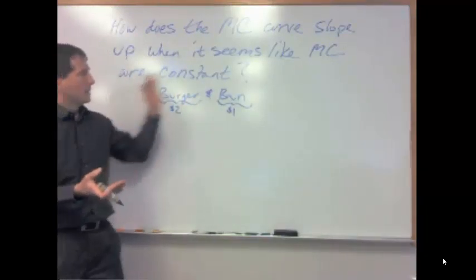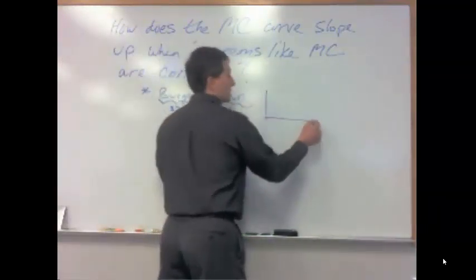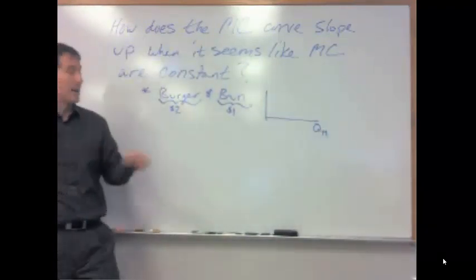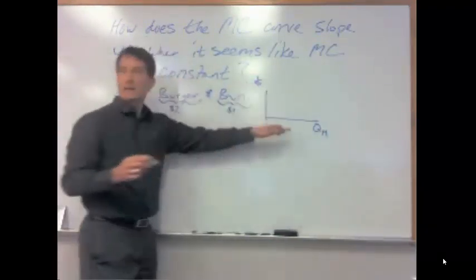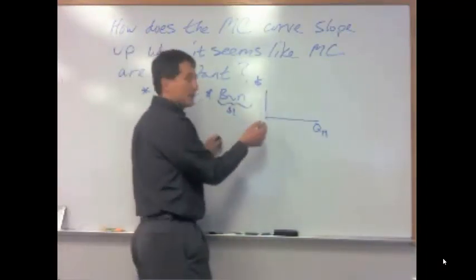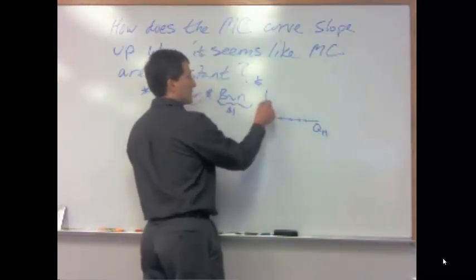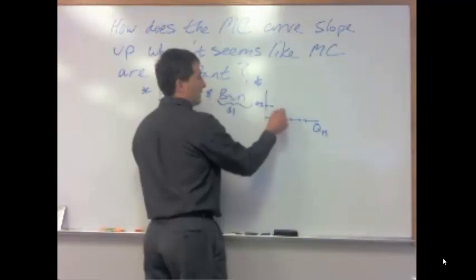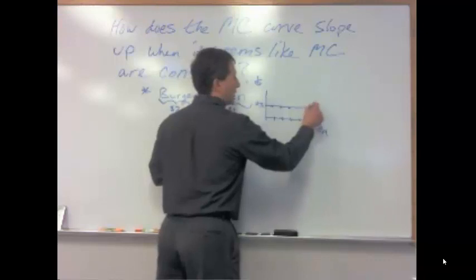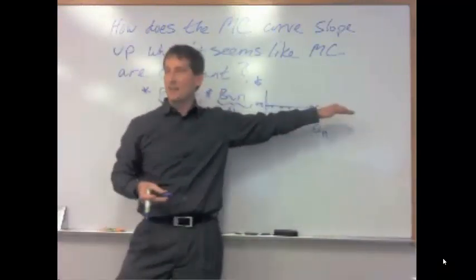So if I go back to measuring the quantity of hamburgers on the horizontal axis and think about cost, it's $3, $3, $3, $3. The first hamburger cost me $3. The second one cost me $3, $3, $3. Well, that would tend to lead you to think that the marginal cost curve looks like this.